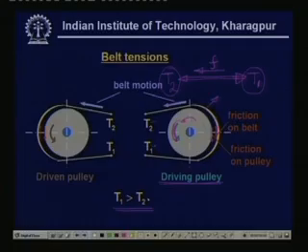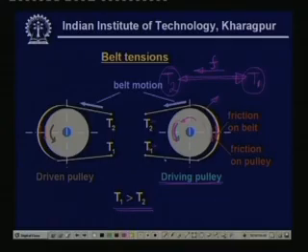Now, onwards we will always refer in this discussion that T1 is the tight side and T2 is called the slack side. That means T1 is the higher tension side and T2 is the lower tension side.